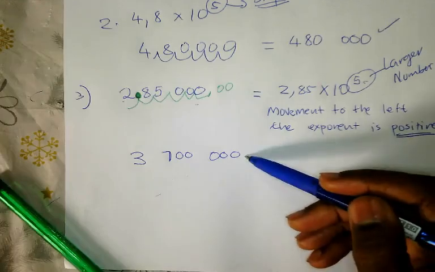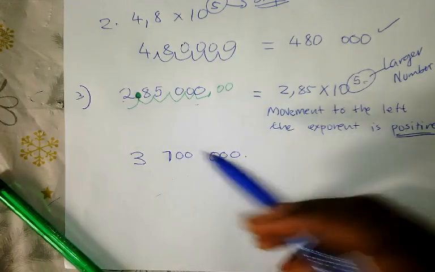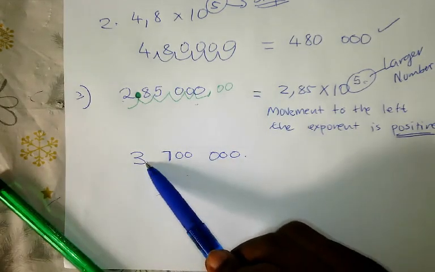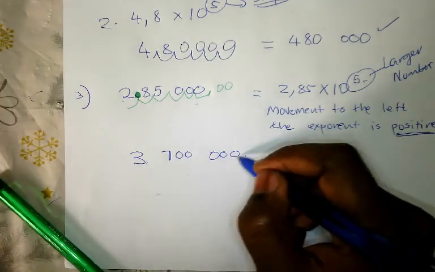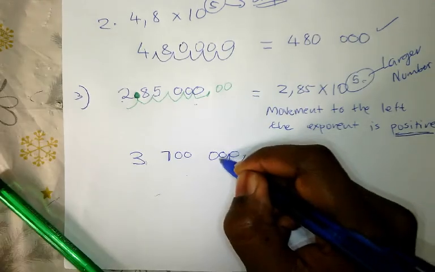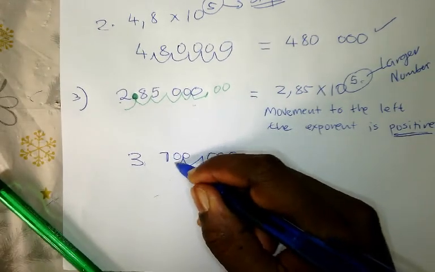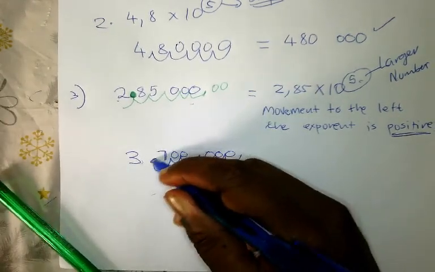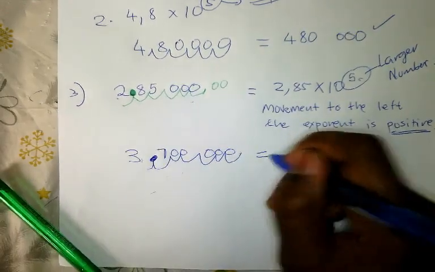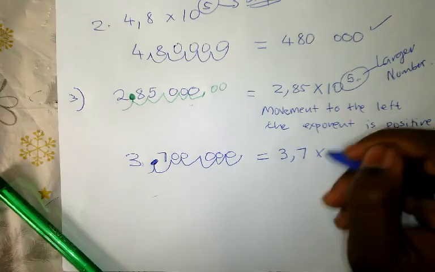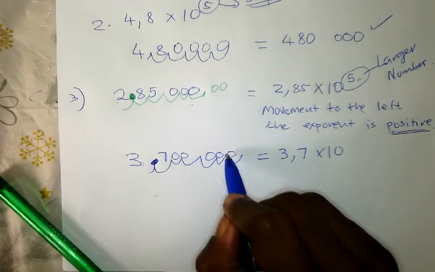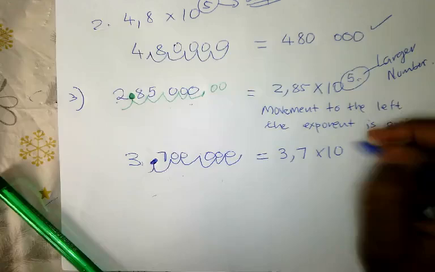You count immediately after you move: 1, 2, 3, 4, 5, 6. So we put our comma there. So this will be 3.7 times 10. How many times did we move? 1, 2, 3, 4, 5, 6, to the power of 6. So this is a scientific notation. Was it fine? Yes, sir.